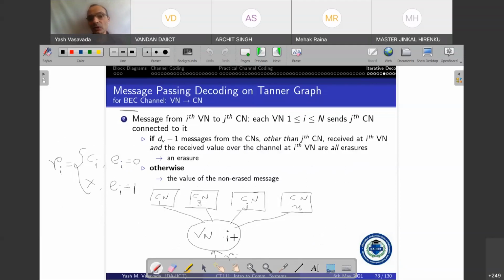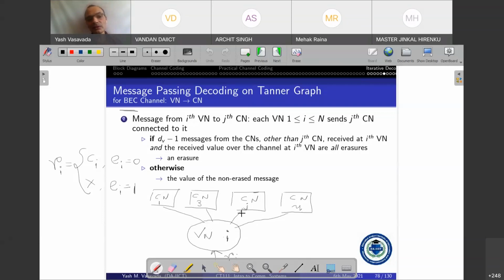And that is where the problem is. We have to try to unerase all such erased VNs. And that is where the CNs connected to VNs are going to help out.